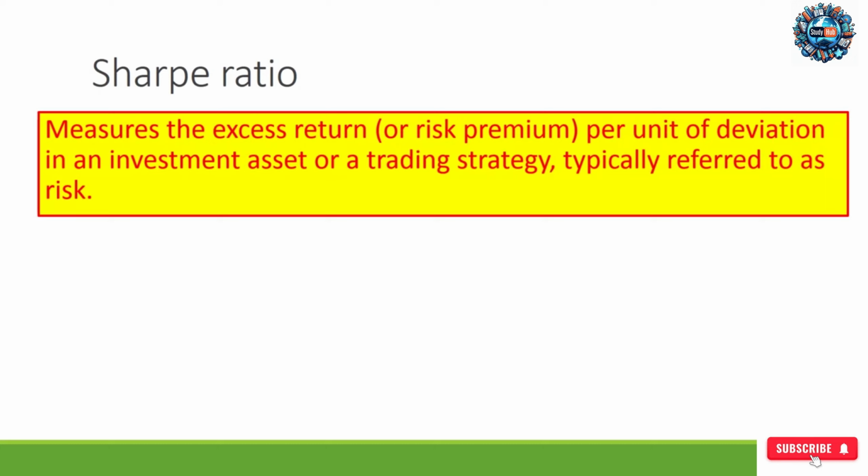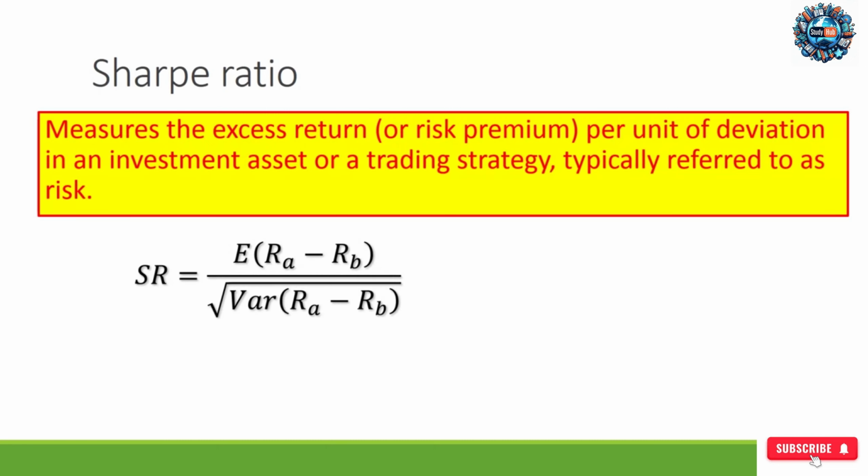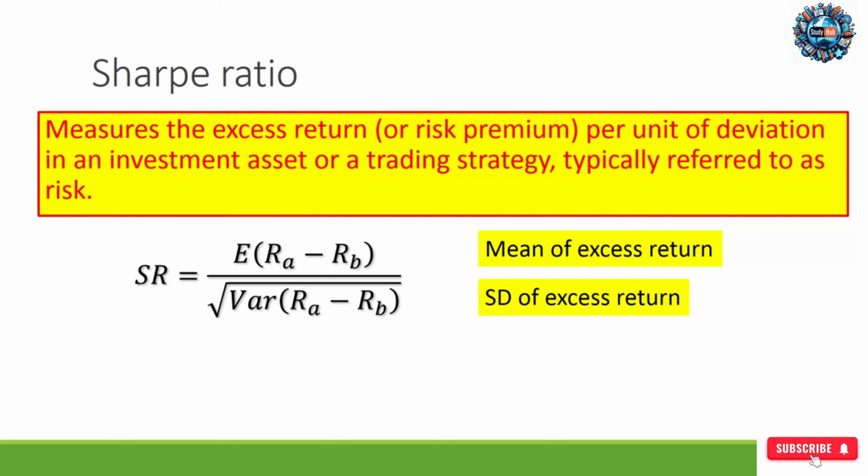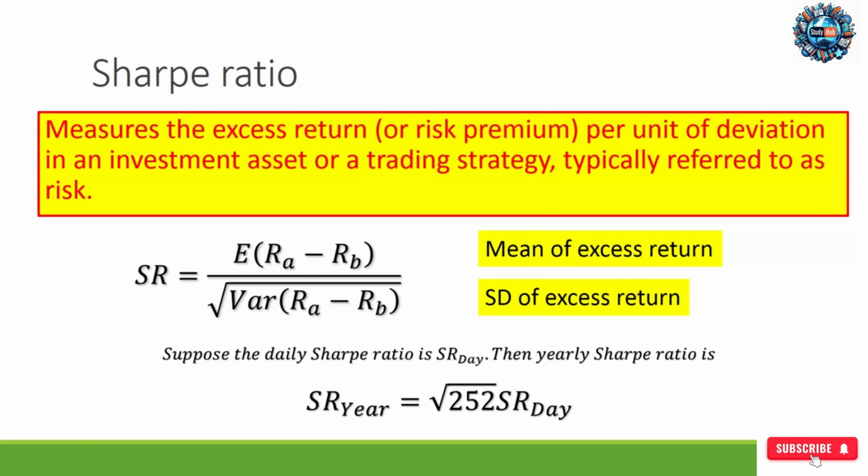For example, the daily Sharpe ratio is equal to the mean of excess return divided by the standard deviation of excess return. Since there are about 252 trading days per year in the US stock market, the yearly Sharpe ratio is equal to the daily Sharpe ratio multiplied by the square root of 252.